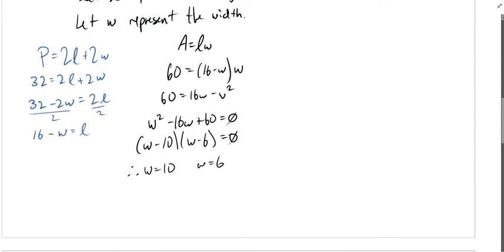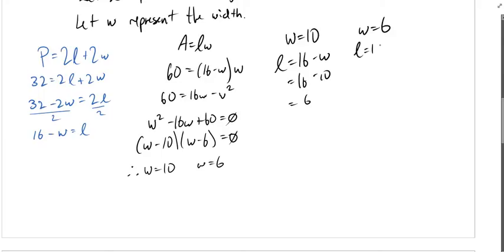Here's what we would do in this case. If W equals 10, length equals 16 minus W, 16 minus 10, which is 6. If W equals 6, length equals 16 minus 6, which equals 10. Now these are actually the same answer to the problem.